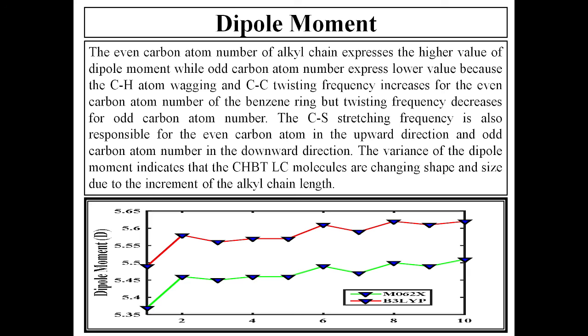The CH stretching frequency is also responsible, in the upward direction for even carbon atoms and downward for odd. The variation of dipole moment indicates the NCHBT LC molecules are changing shape and size due to the increase in the alkyl chain.